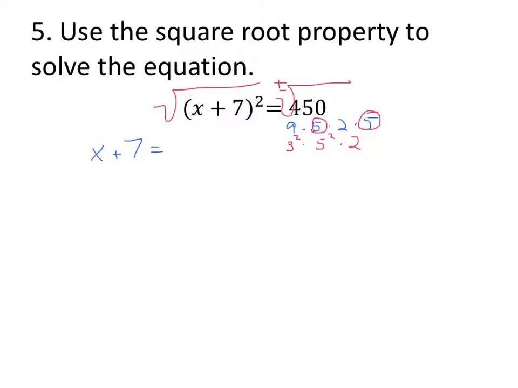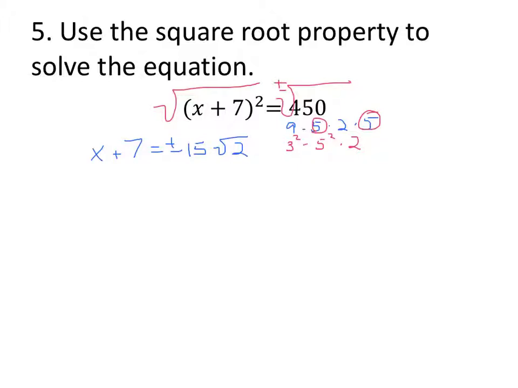So we can pull out the 3 and the 5, and we get that x plus 7 equals plus or minus 3 times 5 is 15 square root of 2.